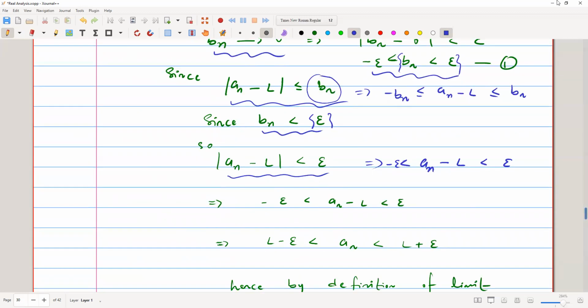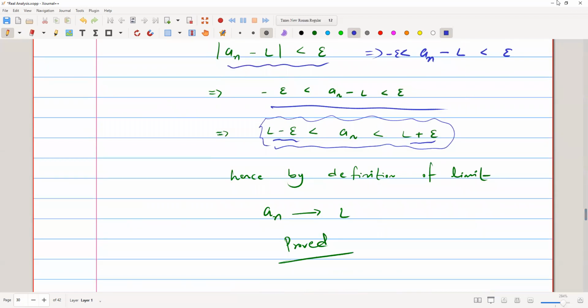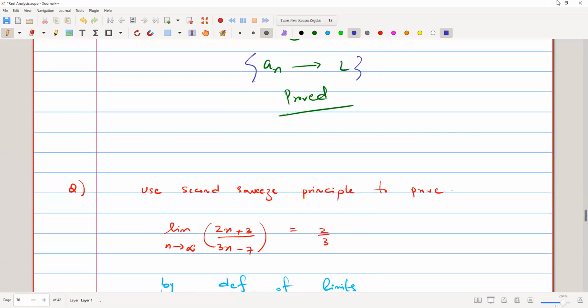And if we add L on all sides, an is bounded between L minus epsilon and L plus epsilon. So hence, by the definition of the limit, an converges to L. So this is the proof of the theorem, that is the second squeeze principle.